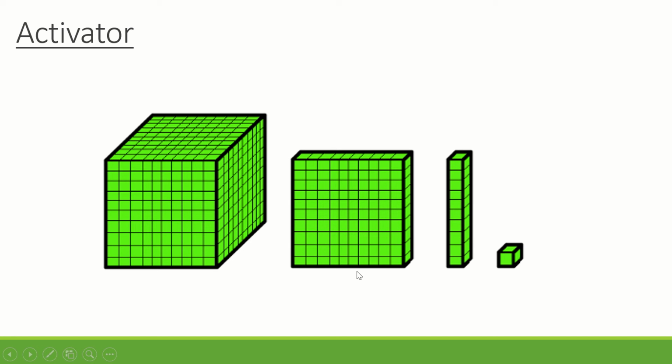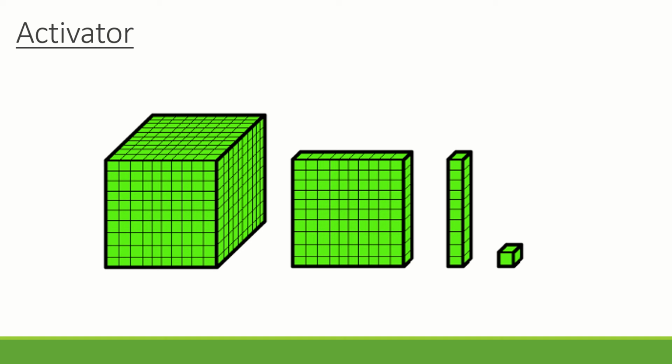I also know that a flat has a value of 100 because a flat can be built out of either 100 single units, or it can be built out of 10 rods. And a rod has a value of 10, so if I have 10 of them, that's 10 times 10 equals 100.